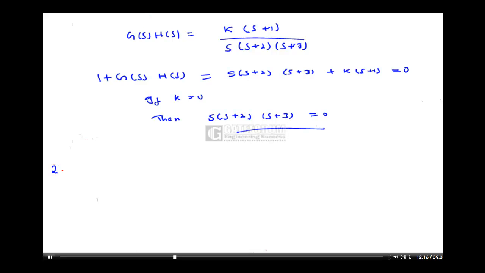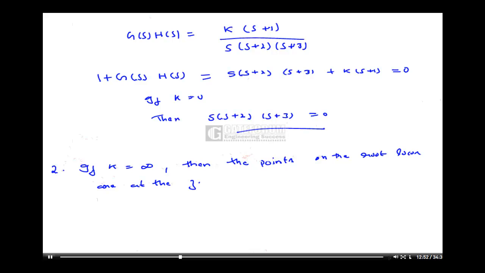Now second, similarly, we have seen k equal to 0; if k equal to infinity, then what will happen? If k equal to infinity, then the points on the root locus are the zeros of G(s)H(s). We'll take the similar example.